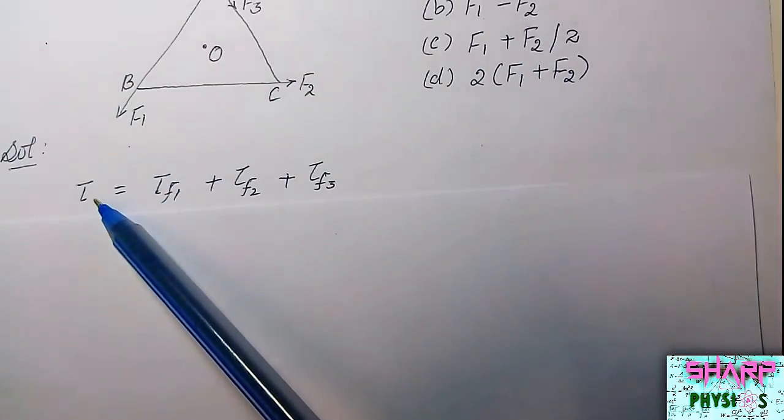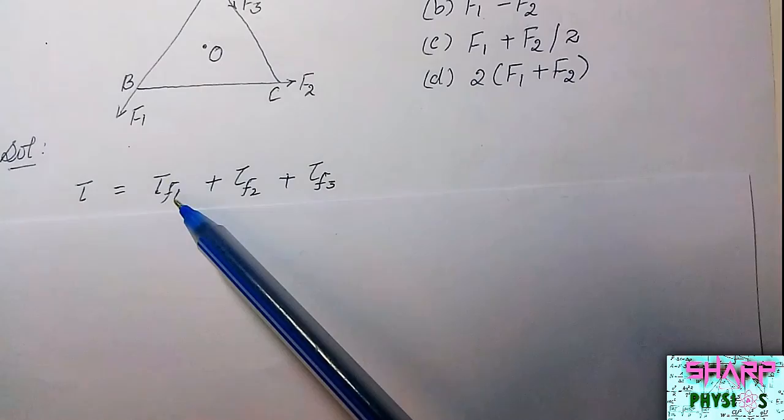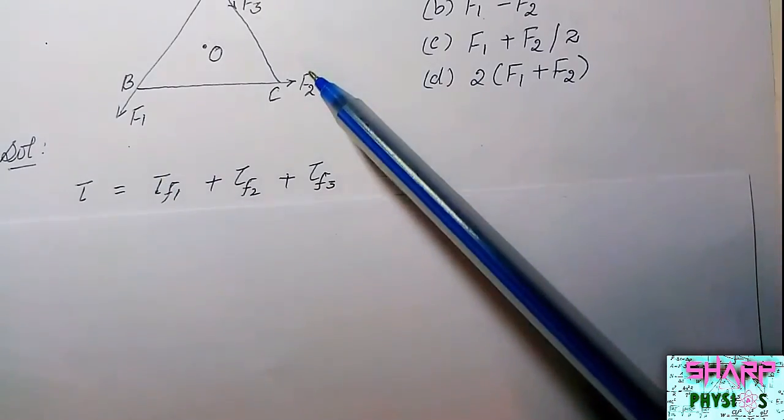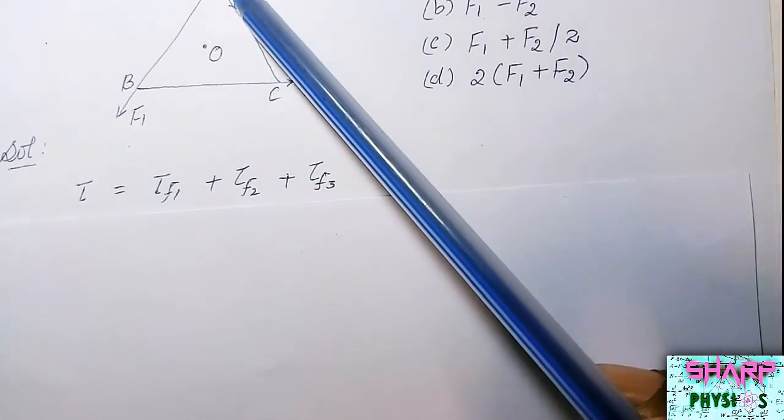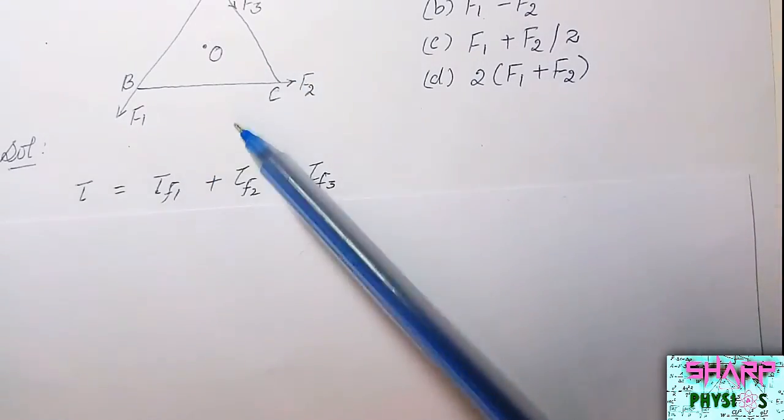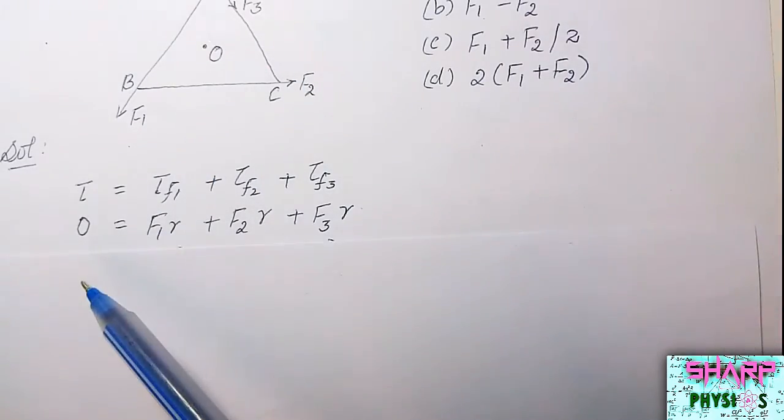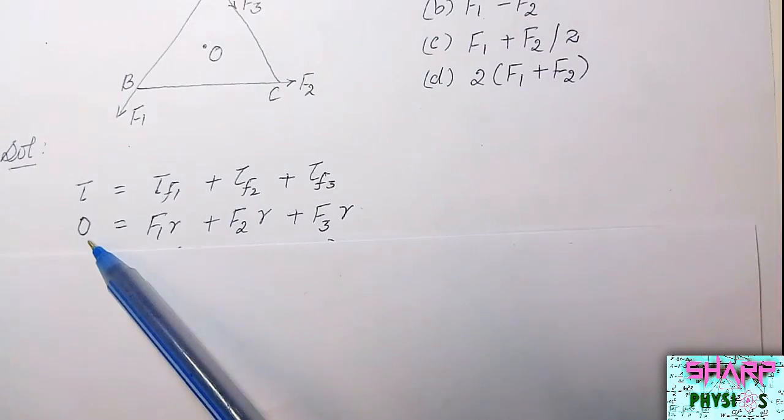So we take the total torque equal to the torque of force F1, plus the torque of force F2, plus the torque of force F3. Adding all these, we get the total torque, which is 0.